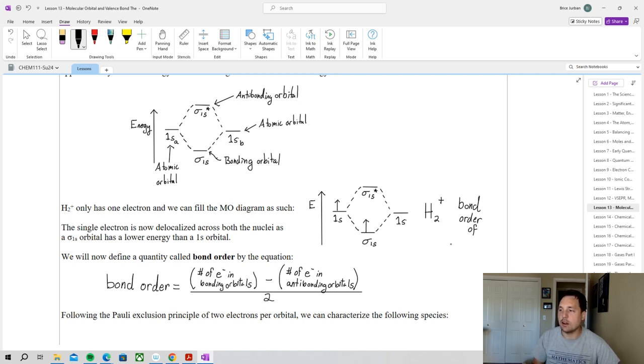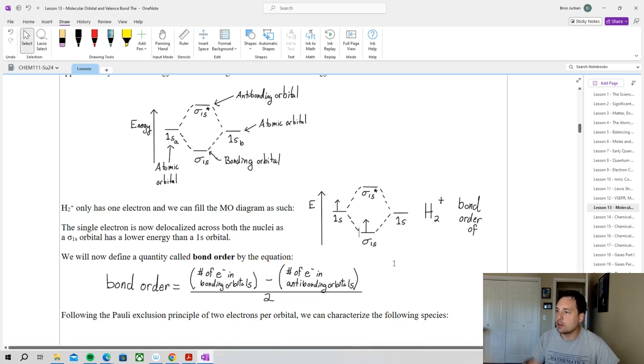So this would be how you would fill out an MO diagram for the hydrogen molecular ion. From this diagram, you can see that there's a single electron, and it's now delocalized across both the nuclei in the sigma 1s orbital, and it occupies this stable state because this has a lower energy than the 1s orbital.